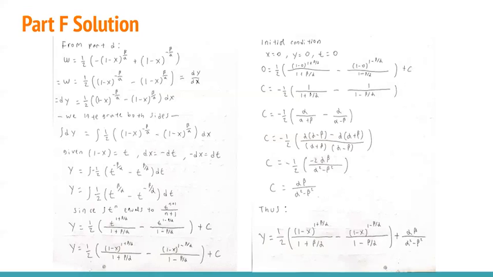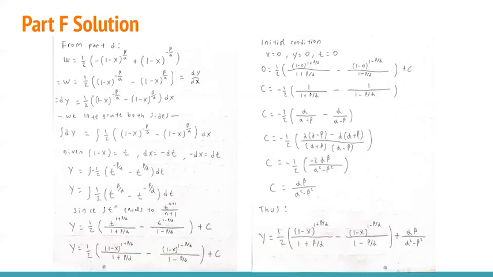And now we can substitute t with the previous substitution, which is t equals 1 minus x, and it becomes this equation. Right. Now, from the initial condition, which is x equals 0, y equals 0 when t equals 0, we can plug in the initial condition to find the constant of this equation.